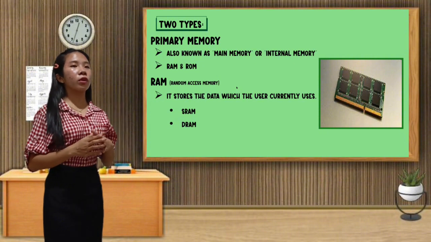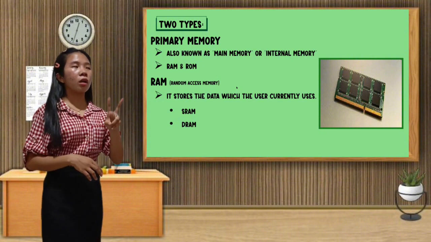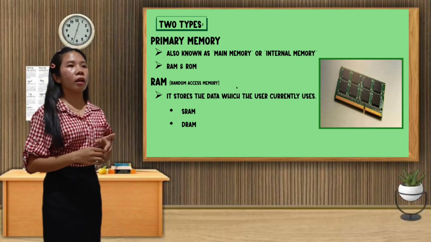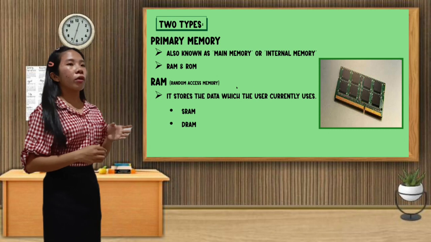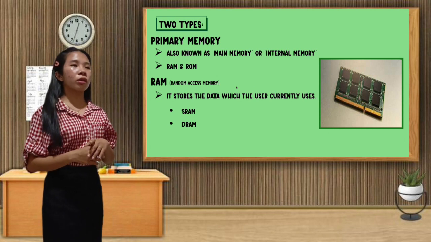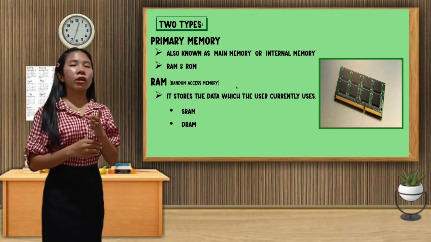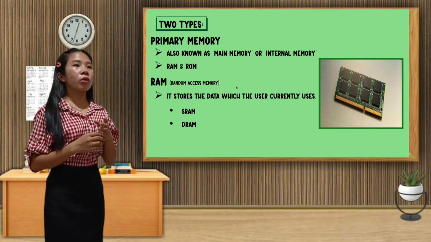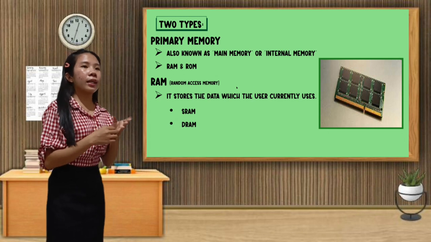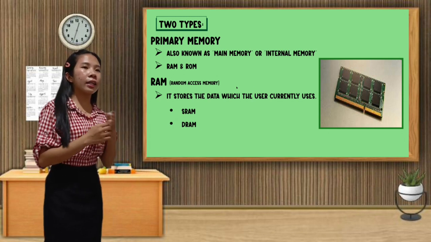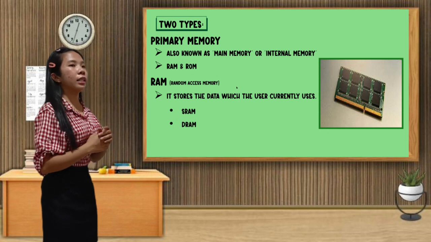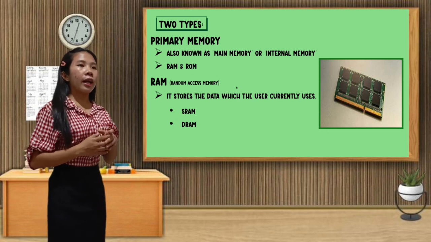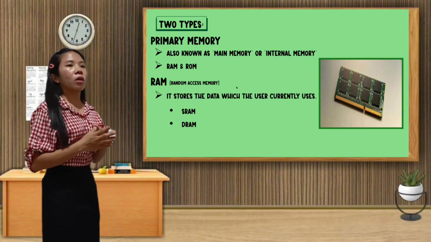Primary memory is further divided into two parts, which is the RAM and ROM. RAM, or random access memory, stores the data which the user currently uses, or as we say, it stores the data temporarily. RAM needs power or electricity to work.